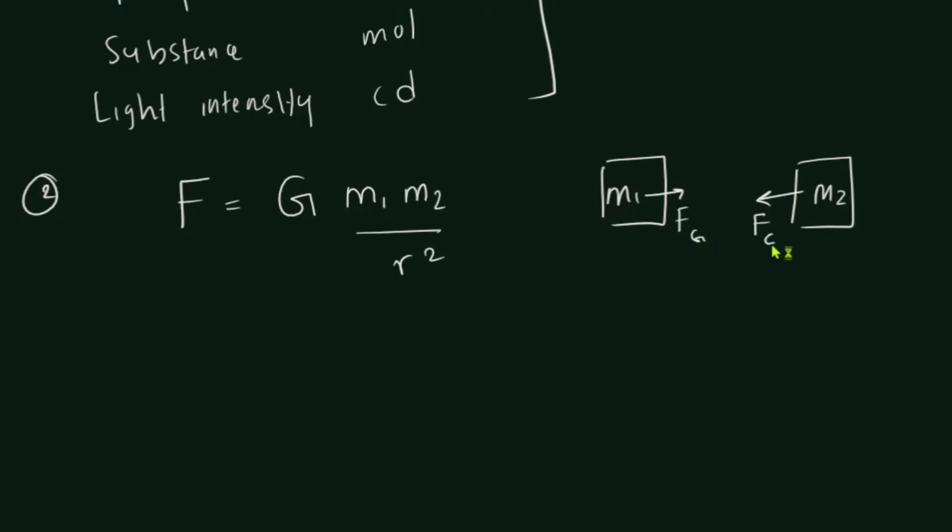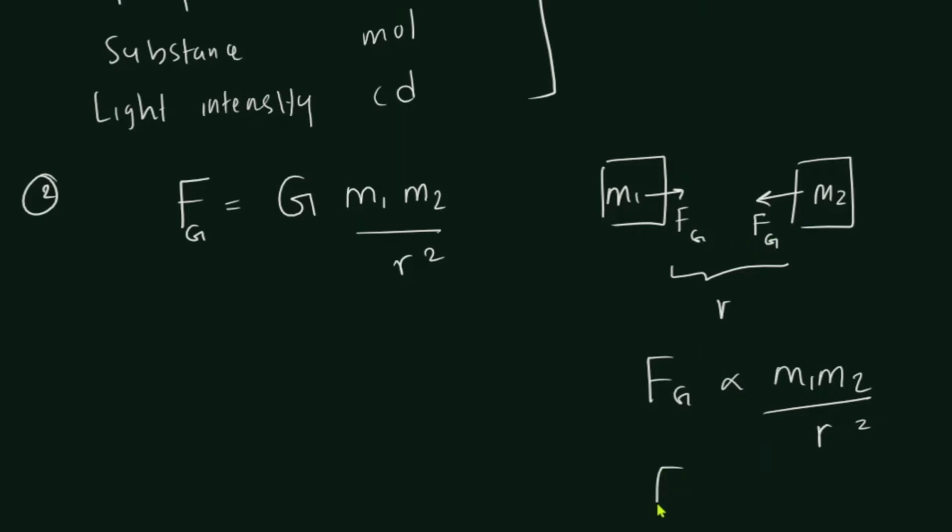is going to be related to the product of the masses. If the distance between them is r, the gravitational force is directly proportional to the product of their masses and inversely proportional to the square of the distance between them.